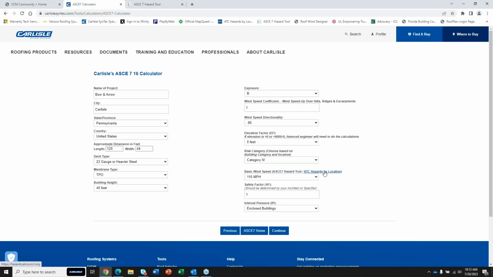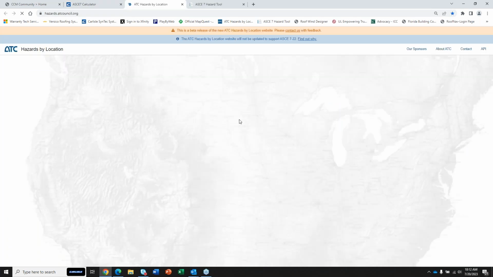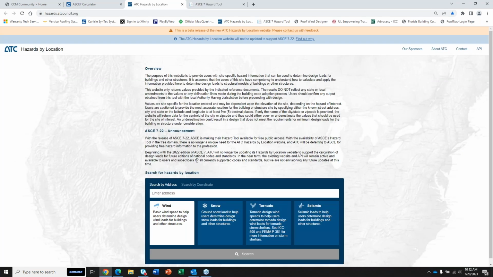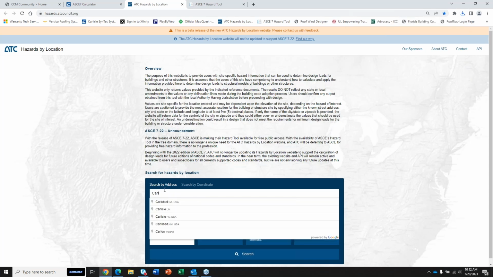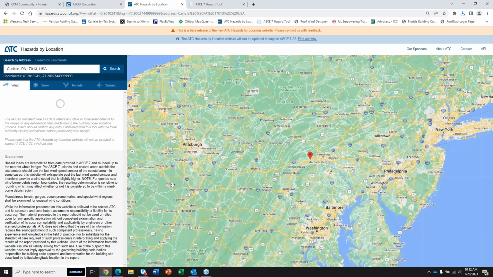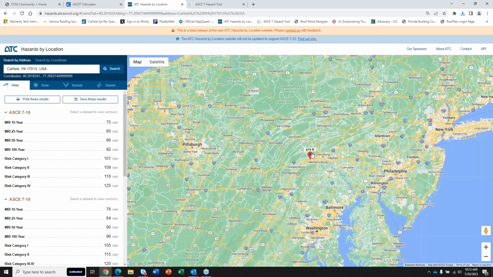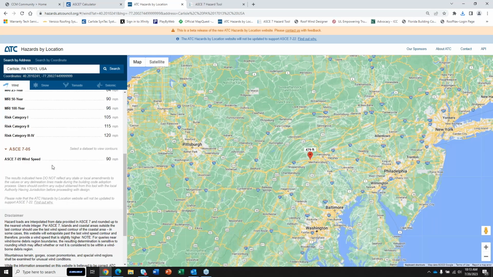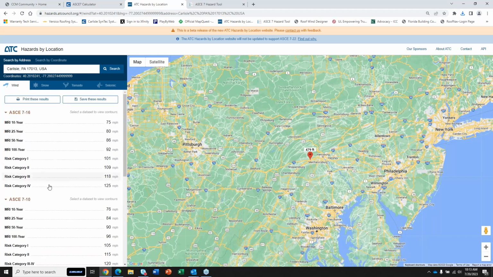The other tool is the ATC Hazard by Location. This one again is you type in your location. And again, it gives you the 479 feet elevation and gives you all these different wind speeds all the way down to the 7-05 version if you're interested.